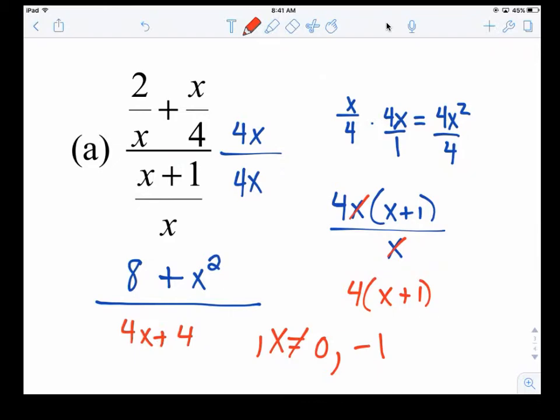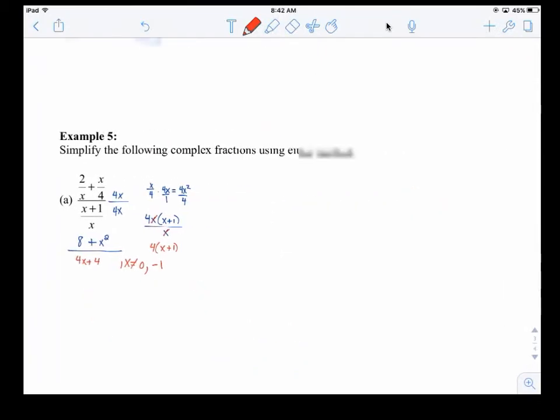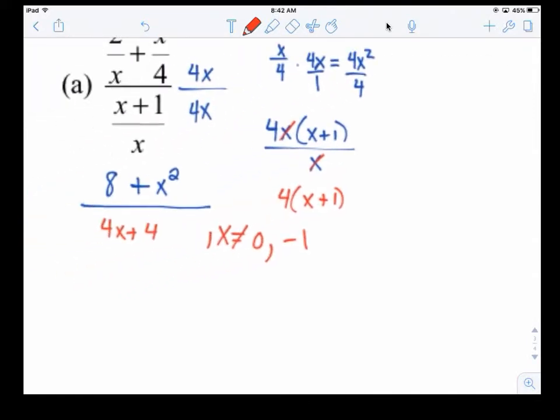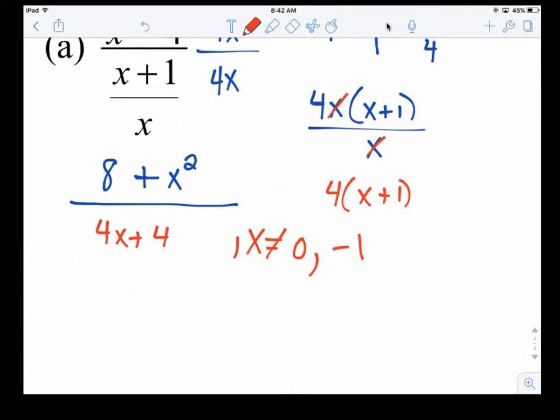Numbers are okay. You just don't want 0 here or there. You do 4x plus 4 equals 0, and you get x equals -1.